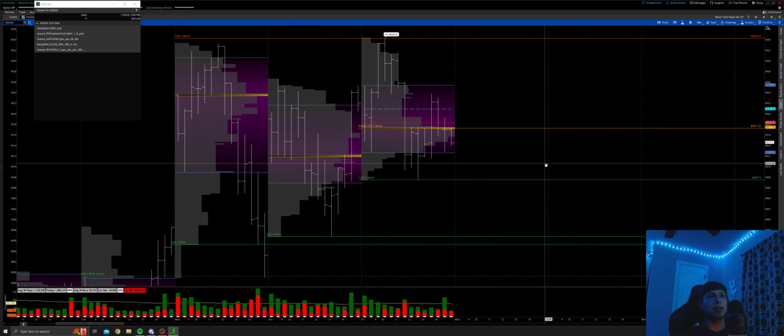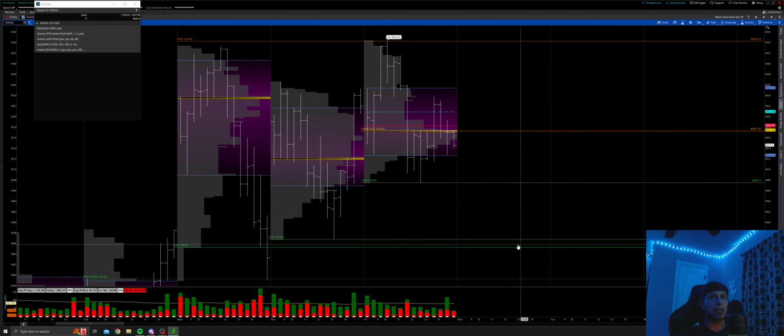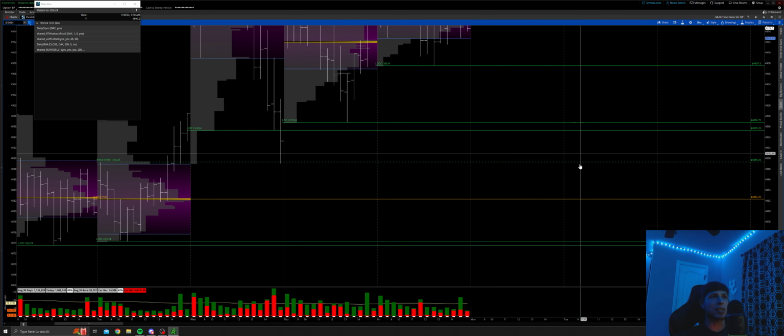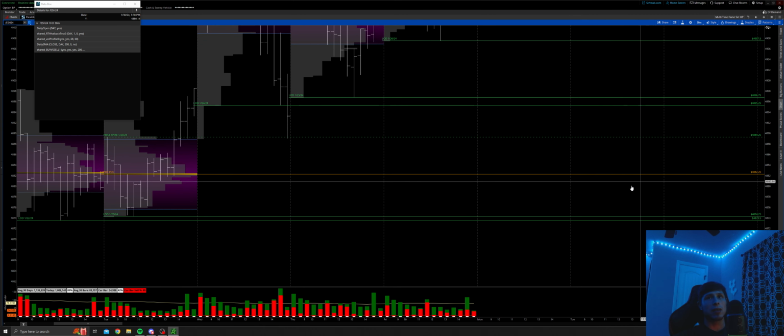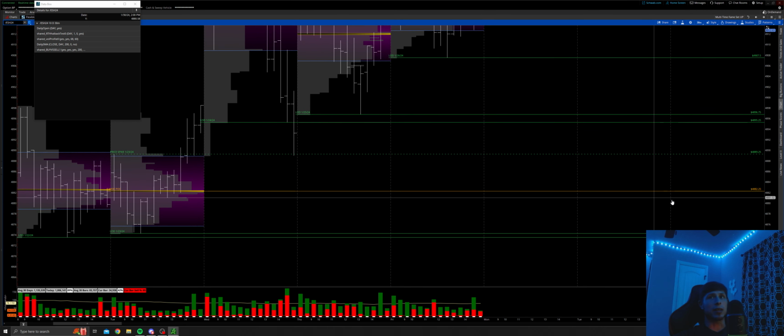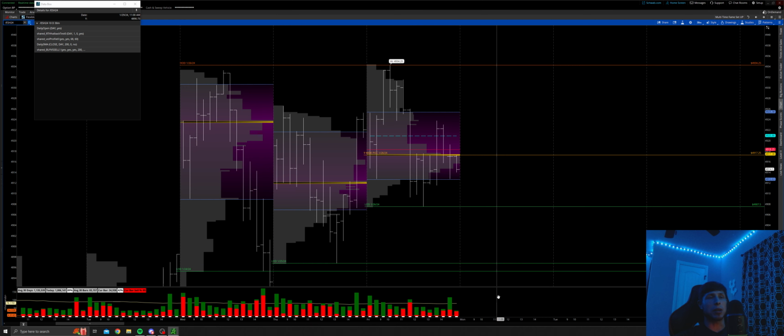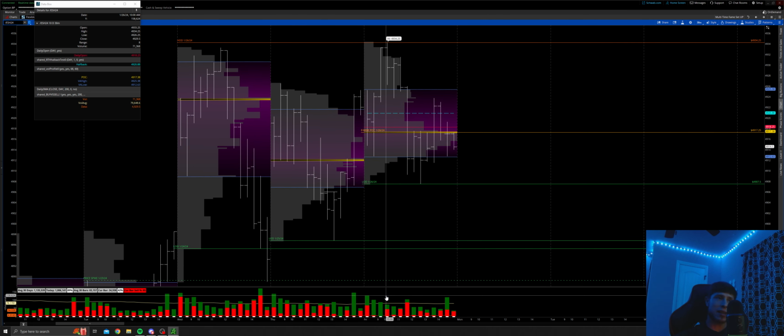So now I think it's time to test the other side. And if we find acceptance below 4,900, then these lower destinations here are going to be your target, especially this 9-wide point of control down here at 48.82.25. Okay. And then at that point, we'd be one time framing down on the daily. And it's not unhealthy, right?